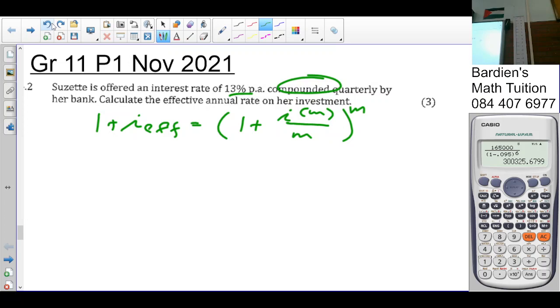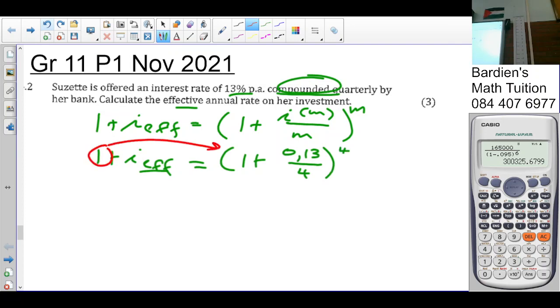So again, it's offered an interest rate of 13% per annum compounded quarterly. This is a nominal interest rate. They want you to work out the effective annual interest rate. So it's 1 plus i effective, that is what we're calculating, the effective interest rate, equals 1 plus i to the m, which is 0,13 over this quarterly, to the exponent 4. Remember they want a rate, so I multiply it by 100 thereafter.